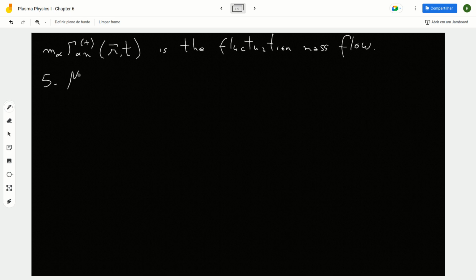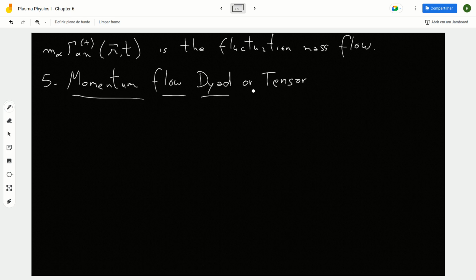So let's talk about the momentum flow. It is a second-order tensor. Most of you may be familiar with tensors, but some of you may not.